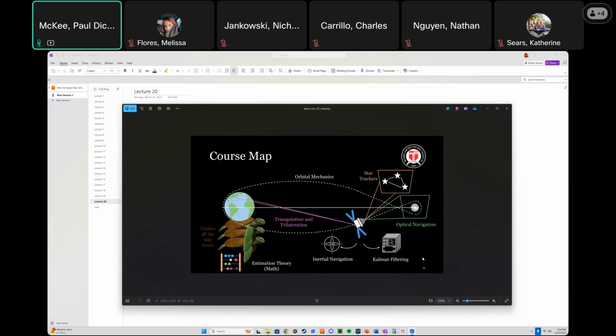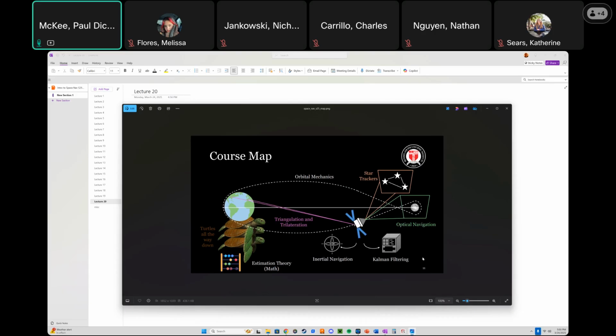We learned about least squares, weighted least squares, and maximum likelihood estimation. We even learned about batch estimation, where we're trying to estimate the state of an object, usually a space vehicle, at one time, given measurements from several different times.